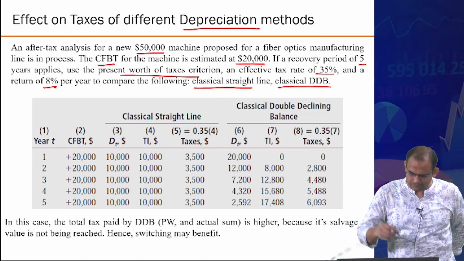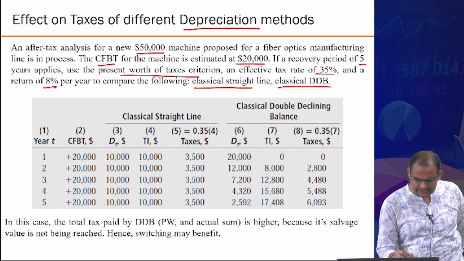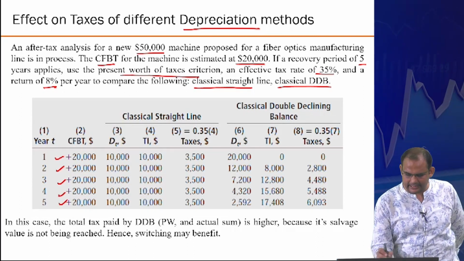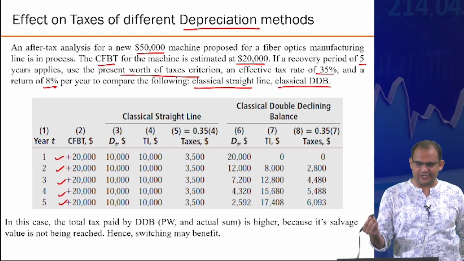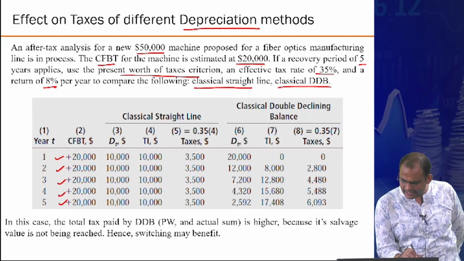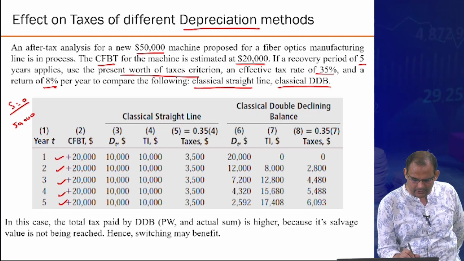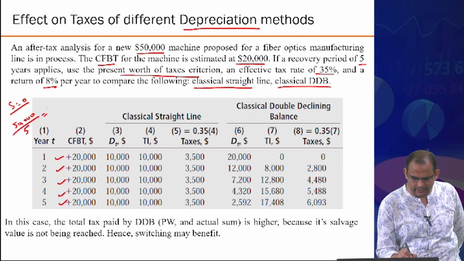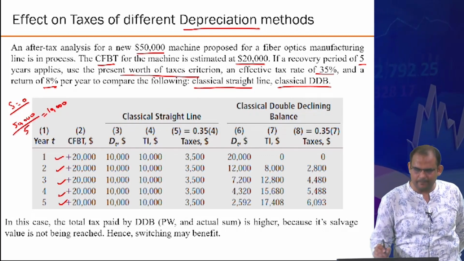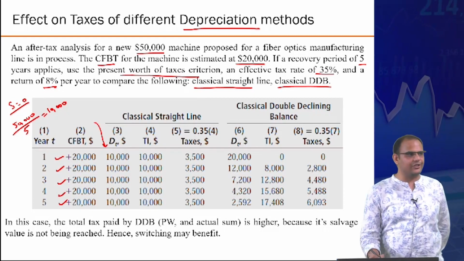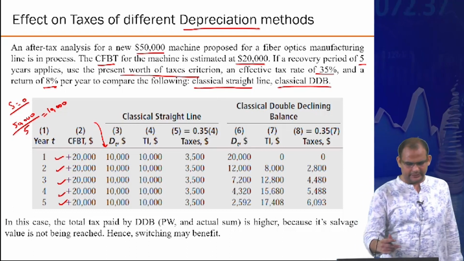Okay. So, cash flow before tax is $20,000 for each of the 5 years. In the classical straight line method, the depreciation amount is how much? Since salvage value is not given, you are assuming it to be 0. 50,000 divided by 5, so the depreciation amount in each year using the straight line method is 10,000.